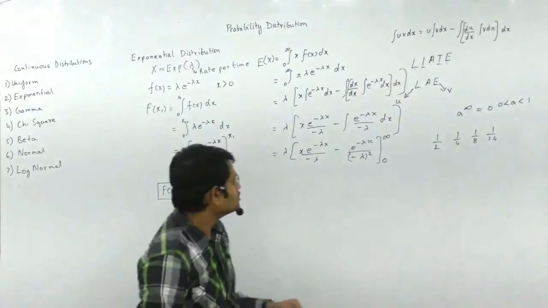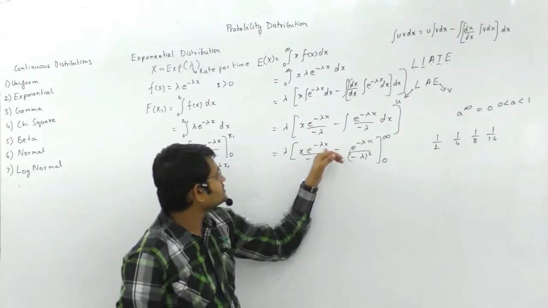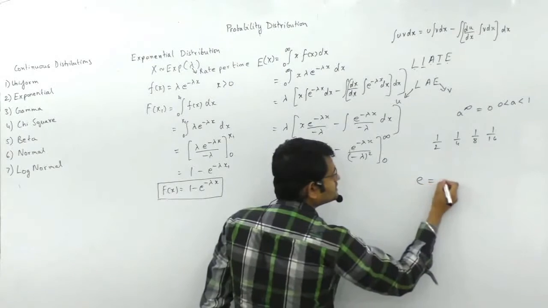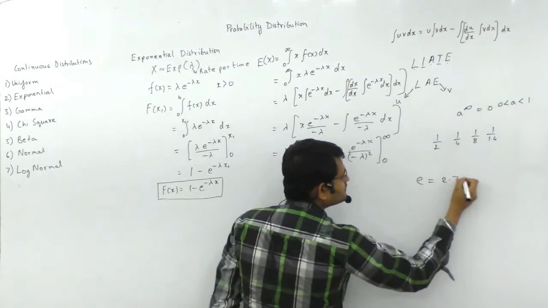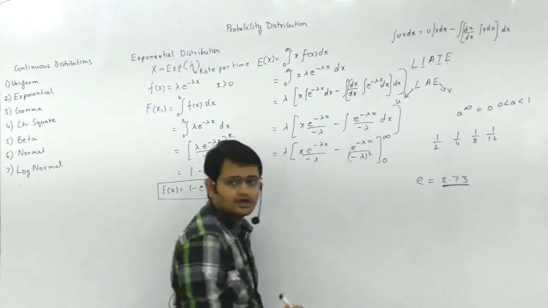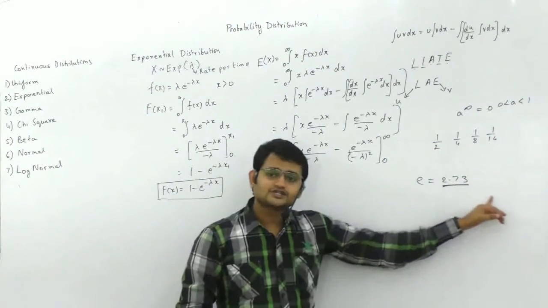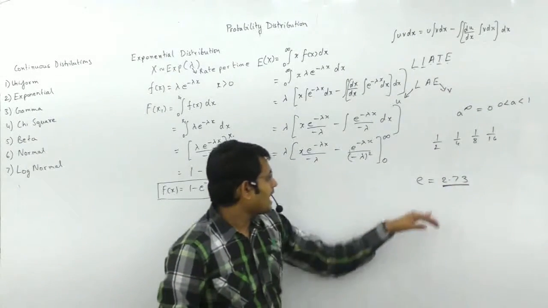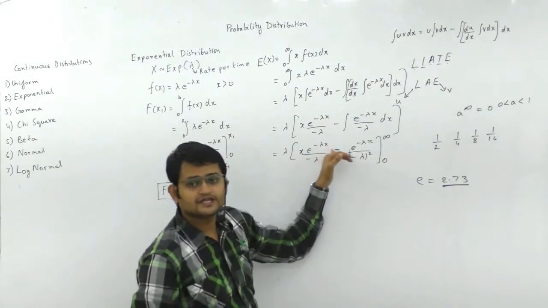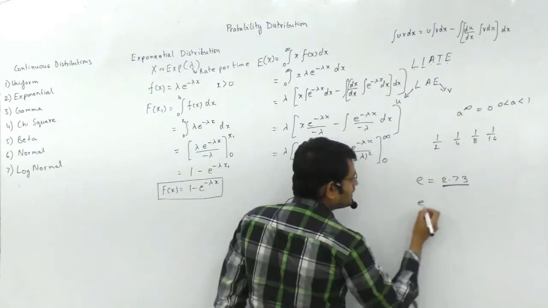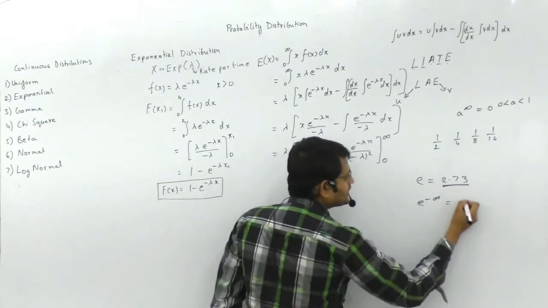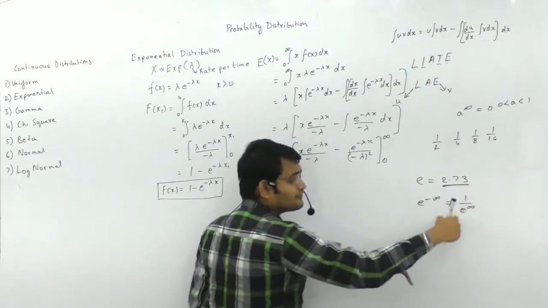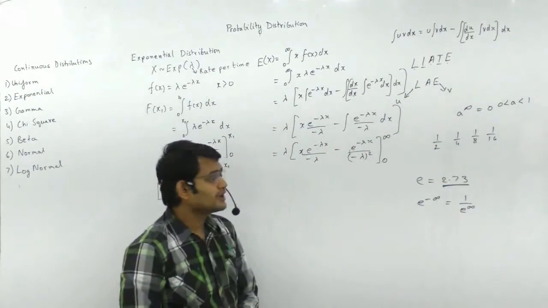So here when we put x equals infinity, e is a value. What is e? It's an irrational value, somewhere around 0.73. And when we have e raised to minus infinity, it is nothing but a value that is between 0 and 1.